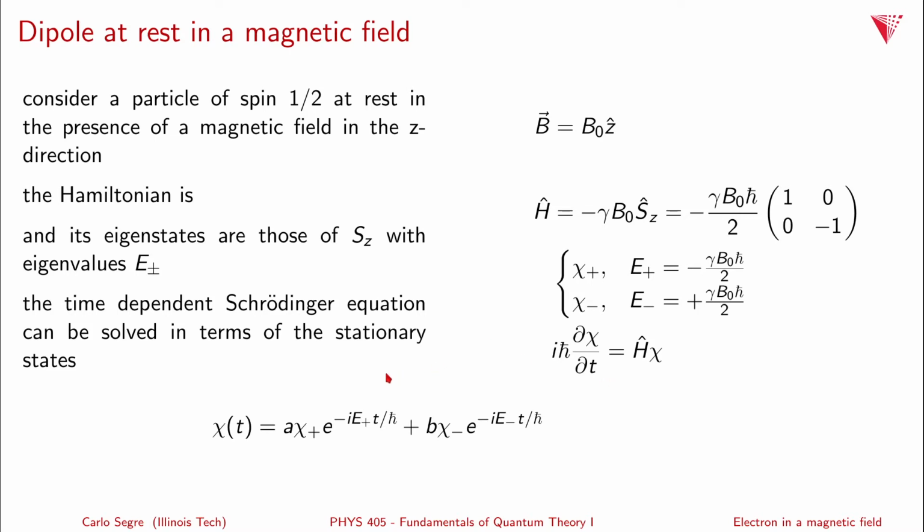And we can then write it like this. Chi of t is equal to some constant a times the spin-up state times e to the minus i E plus t over h bar, with the time dependence, plus b times the chi down state, the spin down state, e to the minus i E minus t over h bar.